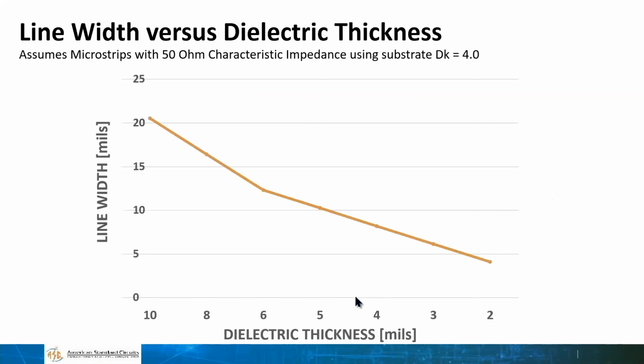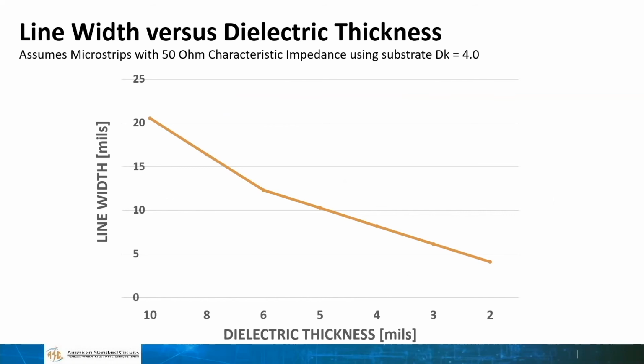And so this is, if you want to make a 50 ohm line and you have a dielectric which has a Dk of 4, then the width of the line and the thickness of the dielectric are pretty tightly correlated with each other according to this line. So for example, here, if you've got a dielectric thickness of 10 mils, you need the line width to be basically 20 mils wide.